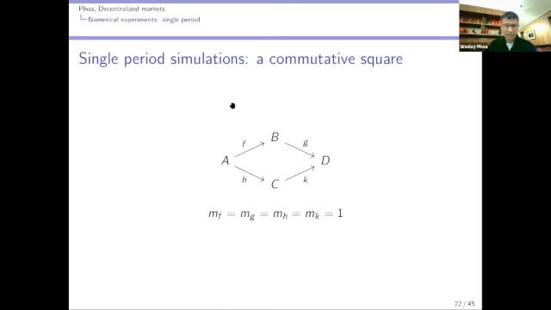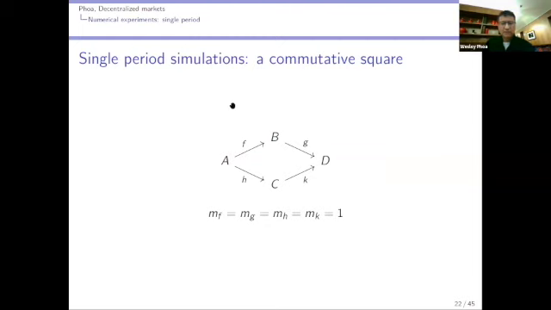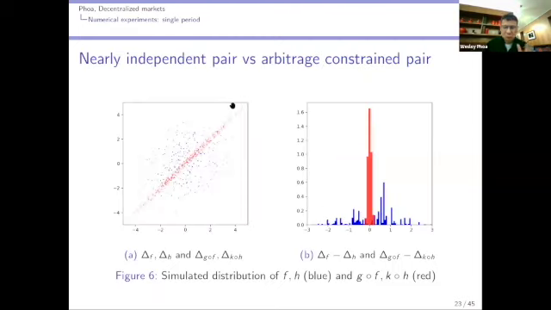So when you run simulations, what does that actually look like here? Well, if you look at some scatter plots, the relationship between changes in F and changes in H, the two arrows pointing out of A, there's not much of a correlation there.